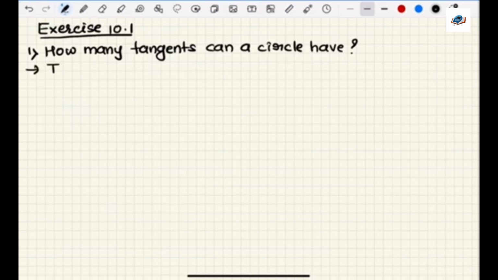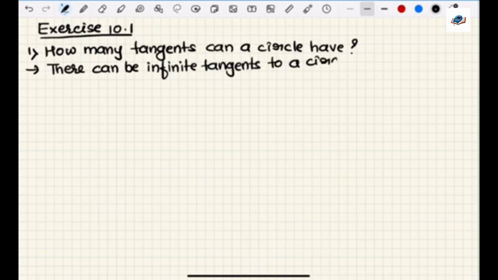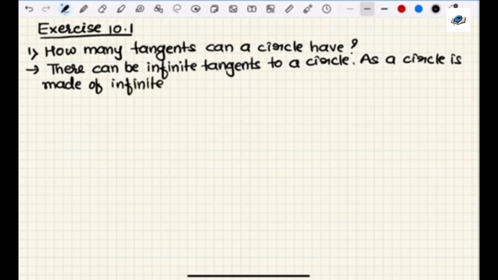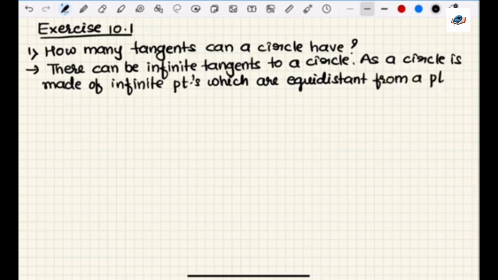So the answer is there can be infinite tangents to a circle, as a circle is made up of infinite points which are equidistant from a point O which is the center.